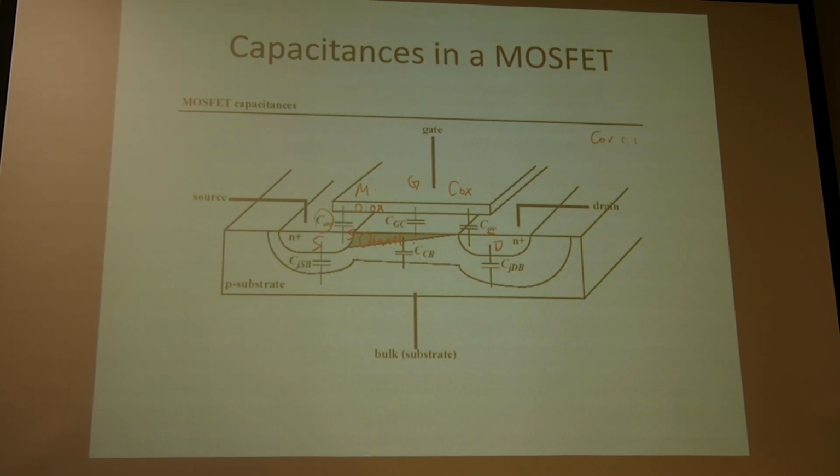COV is overlap capacitance. This is from when you fabricate the MOSFET. It's not ideal. So you have some overlap between the gate and the source and the drain. This will be the source and the drain, and this is the gate. So there is some overlap region here.